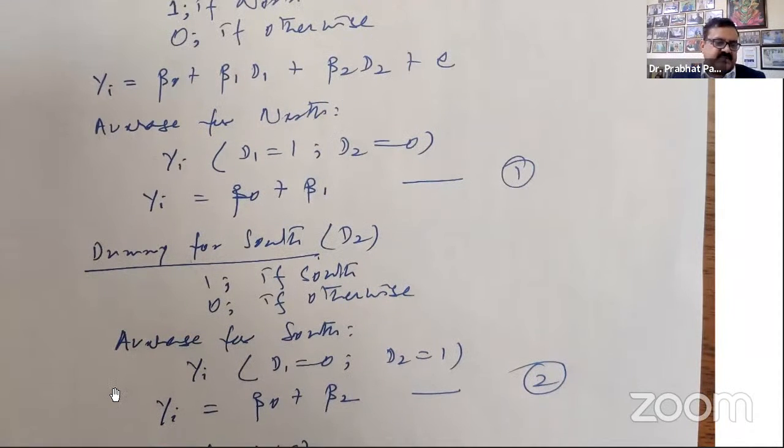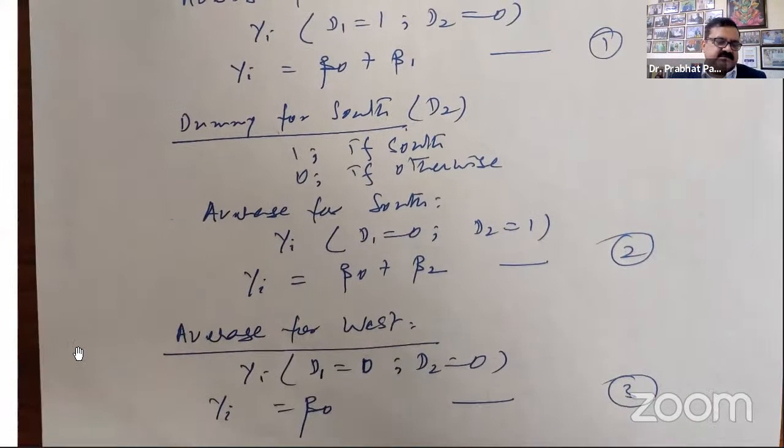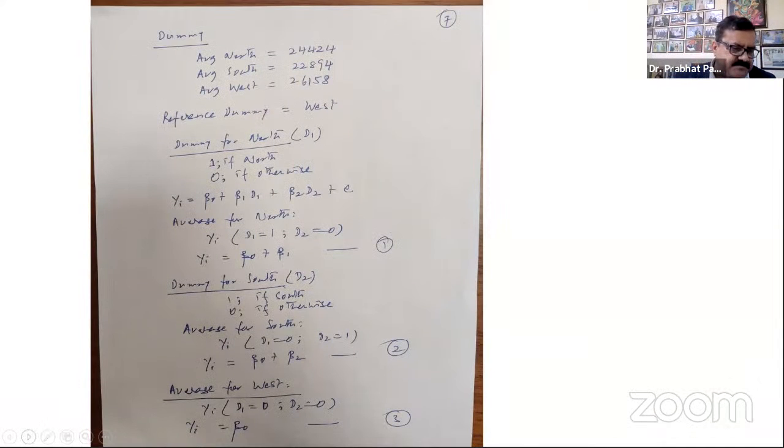So here you can see, beta 0 plus beta 2, and beta 2 is the coefficient, or parameter, of D2, right?